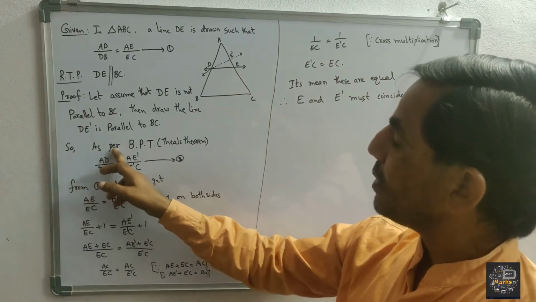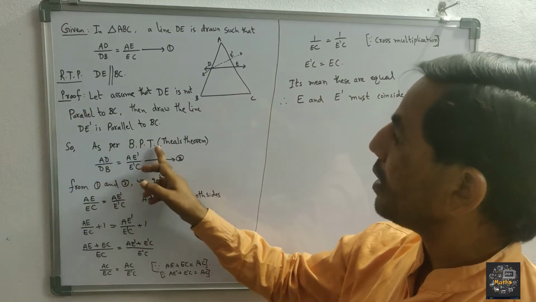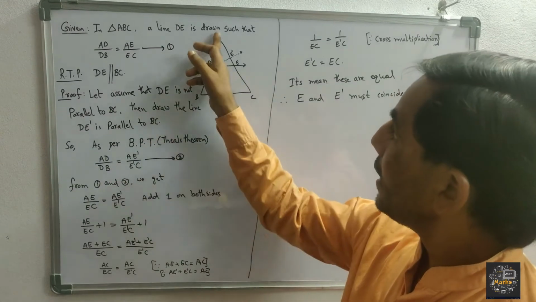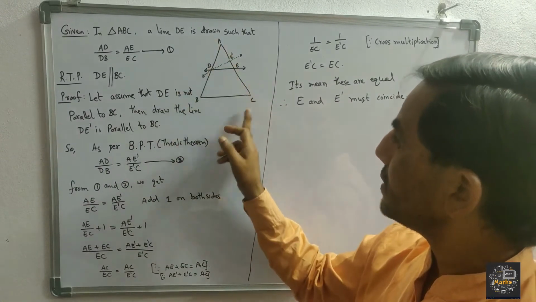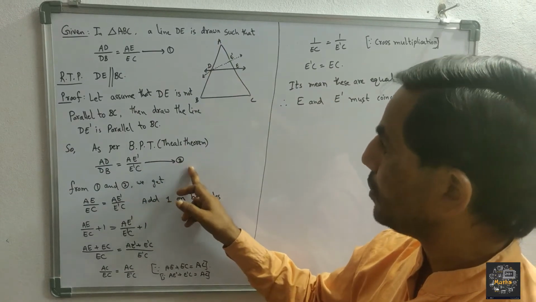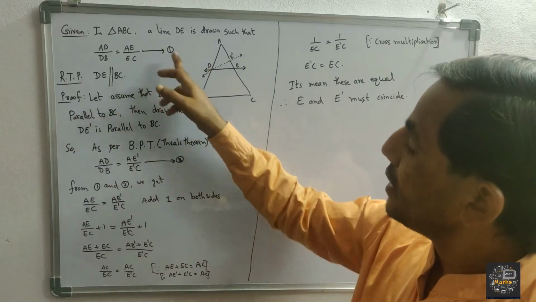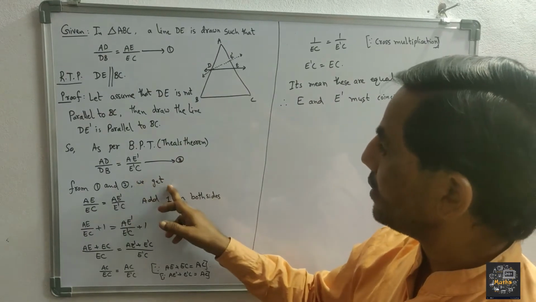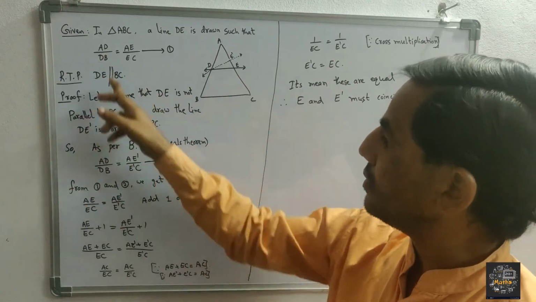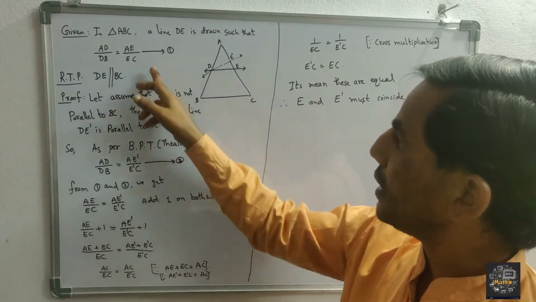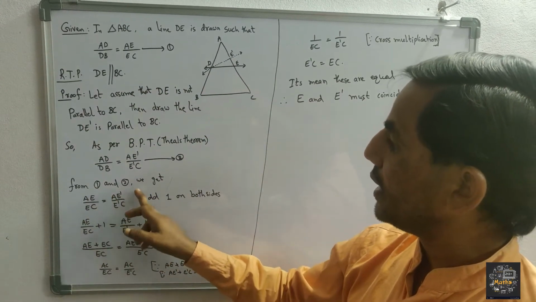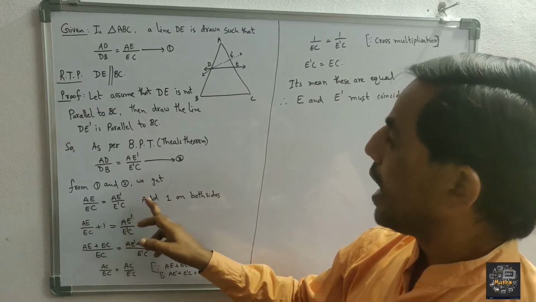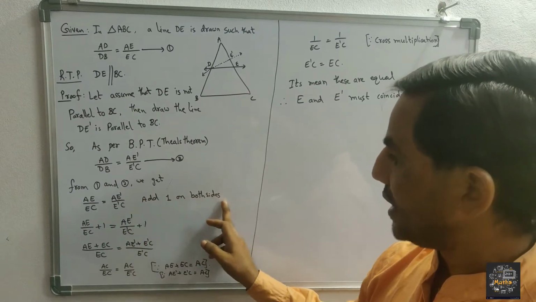So as per the basic proportionality theorem or Thales theorem, AD by DB is equal to AE dash by E dash C. So this is equation number 2. From equation 1 and 2, we are getting the LHS are equal, so that's why the RHS values are equal, that is AE by EC is equal to AE dash by E dash C. Add 1 on both sides.